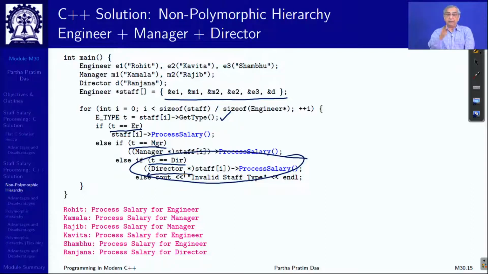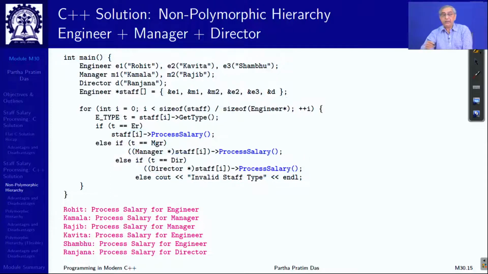I am doing one risky thing after the other. I have to cast it to director star, because now I have a director, and invoke the process salary for a director object, different from the engineer and manager. Right. But it is not yet totally clean, but certainly it is cleaner than what we had earlier.